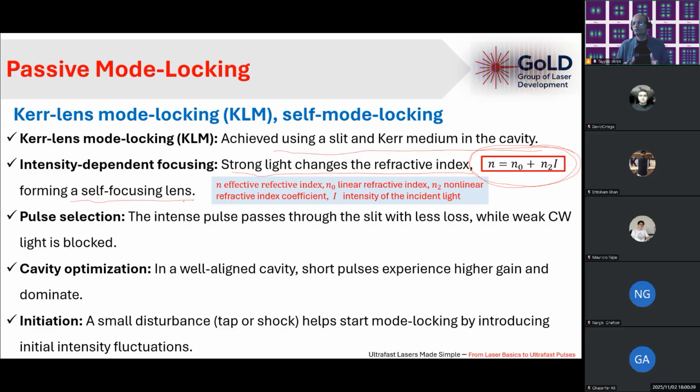It has to be very intense. If it is not very intense, nothing will happen, because you can see in this equation, the second order refractive index depends on the intensity.